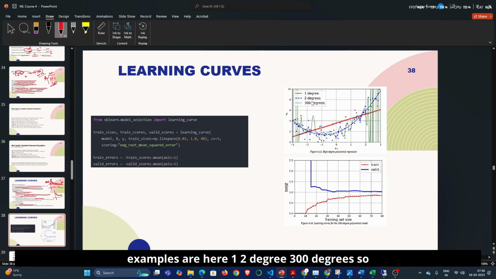Examples are here: degree 1, 2, 300. You can see that the high degree is capturing this random data set very well, right? But the red line, linear regression, is not able to do it. With training set size, we can see the error getting smaller, and at one point they will merge.